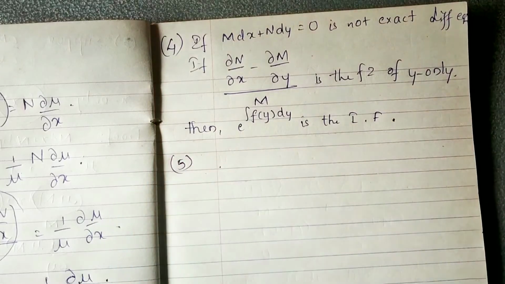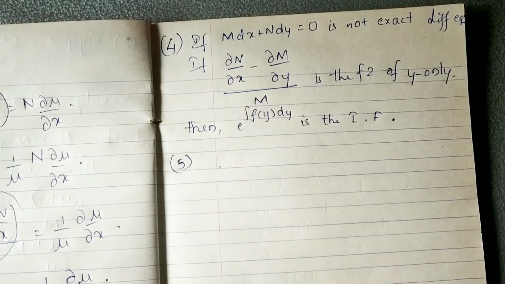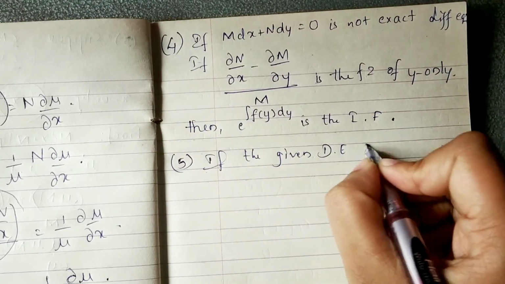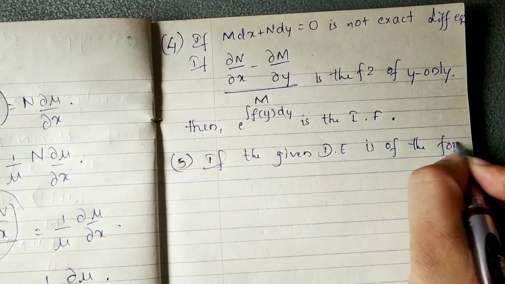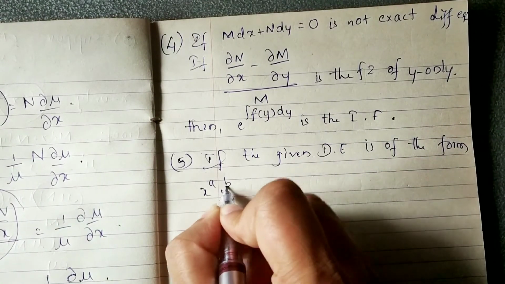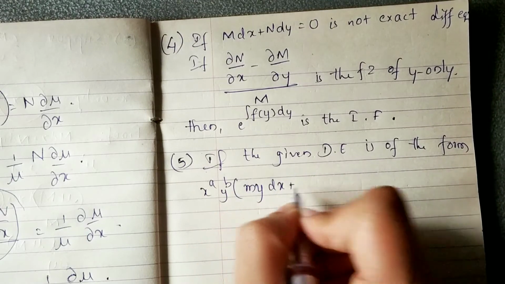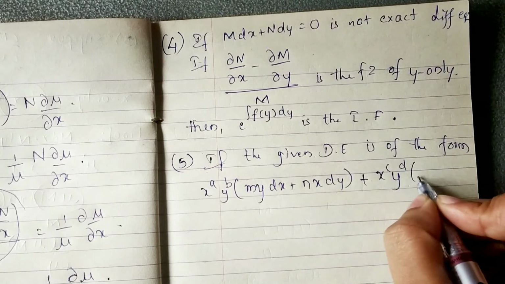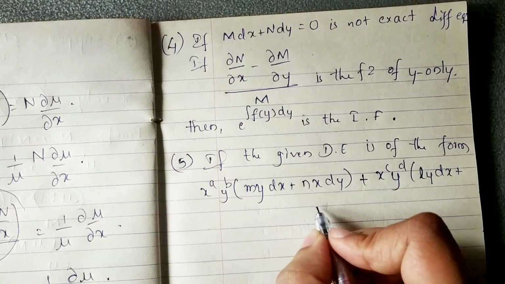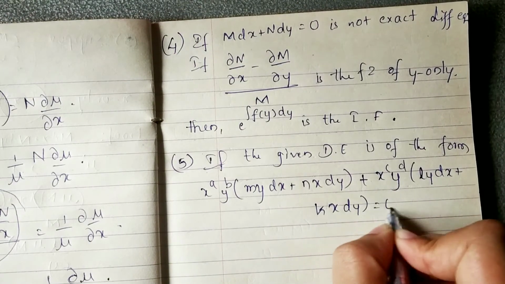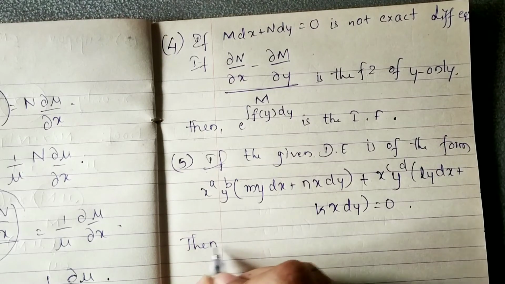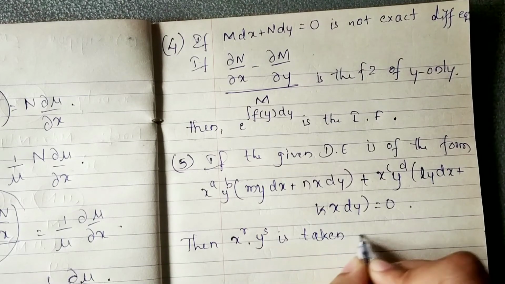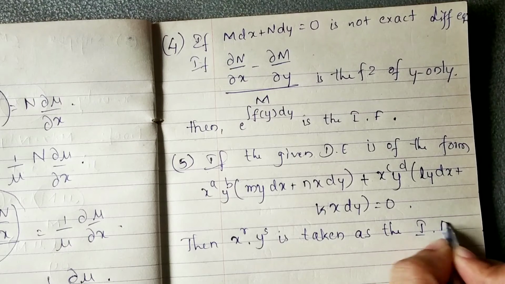And the fifth one is, if the given differential equation is of the form x raised to a into y raised to b into (my dx plus nx dy) plus x raised to c into y raised to d (ly dx plus kx dy) equal to 0, then x raised to r into y raised to s is taken as the integrating factor, which is the next rule.